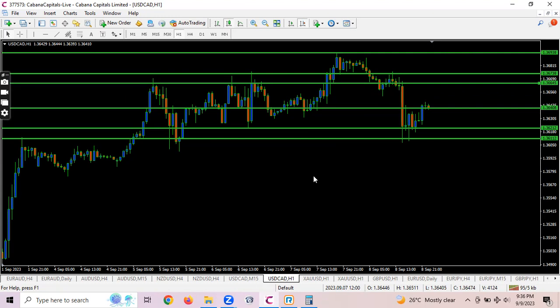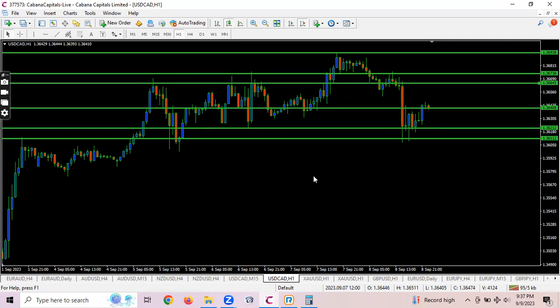You want to be sure that you have a bearish setup on Australian dollar USD and you have a buy setup on USD CAD. Now, if you have buy setup on both pairs, you can just focus on trading one of the pairs. You cannot buy Australian dollar USD and at the same time be buying USD CAD. You just take your risk on one of the pairs instead of trading both.